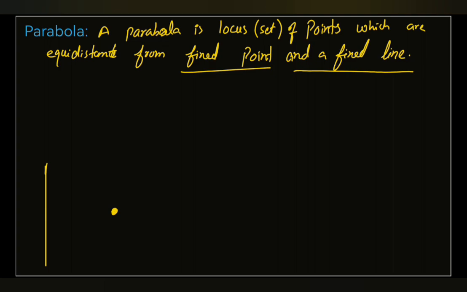So the set of all these points are equidistant from this point and this line. Let's suppose we have a point here, and we have another point here. In between these points there are many points, but we are plotting these 2 points only.